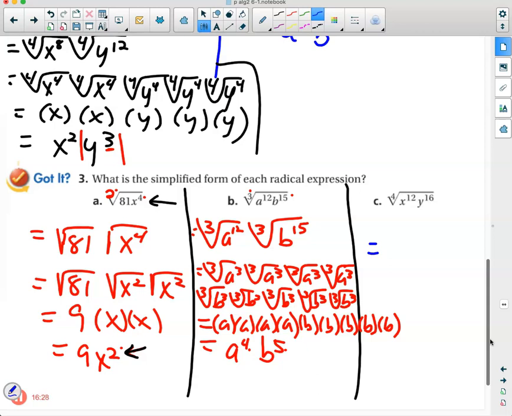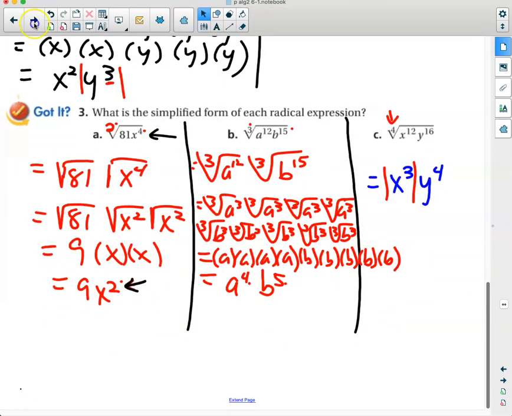So 4 goes into 12 3 times, and 4 goes into 16 4 times. And then we memorized even roots with odd power answers need absolute value. Well, this is an even root. It's a 4. And the x variable came out with an odd power answer. So that needs our absolute value bars.